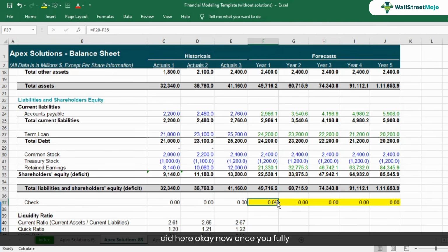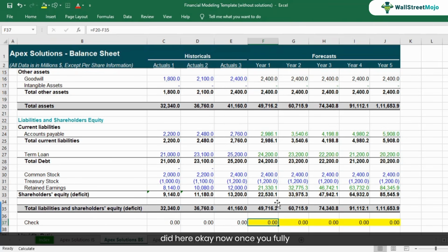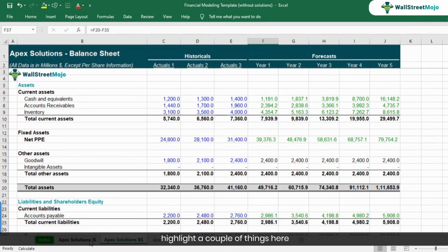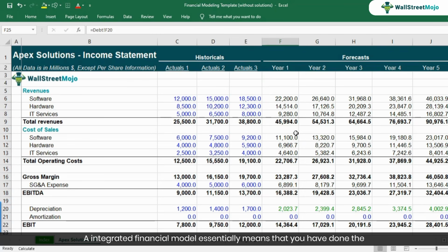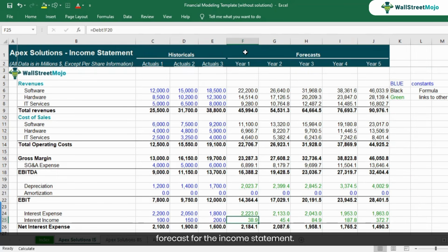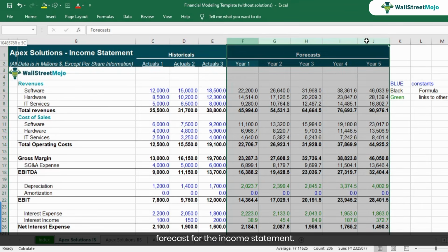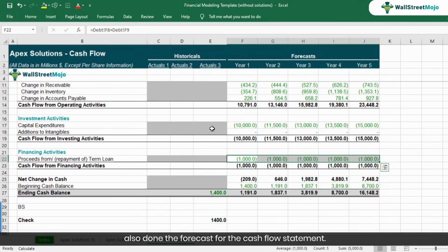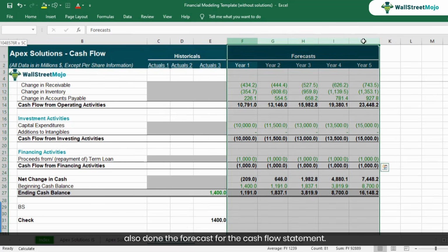Now, once you fully complete this financial model, I would like to highlight a couple of things. We are calling this an integrated financial model. An integrated financial model essentially means that you've done the forecast for the income statement, the forecast for the balance sheet, and also the forecast for the cash flow statement.